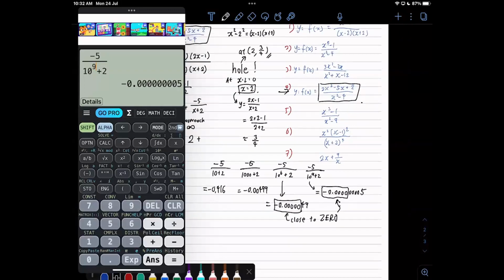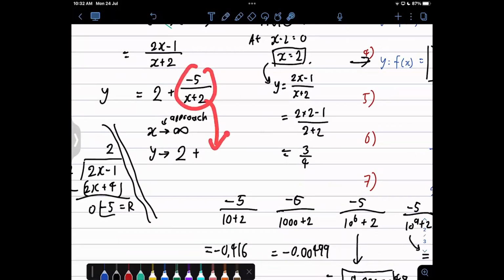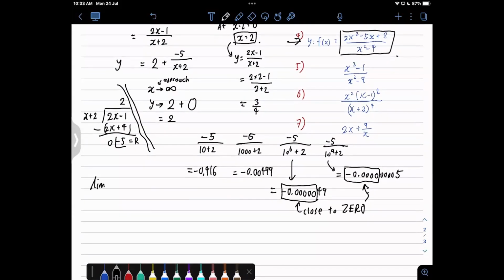So at infinity, what does this thing become? 0. Exactly. It is equal to 0. Then it will be equal to 2. Another way of phrasing this is the limit of 2 plus the fraction, as x approaches infinity, is exactly equal to 2 plus 0, which is equal to 2.